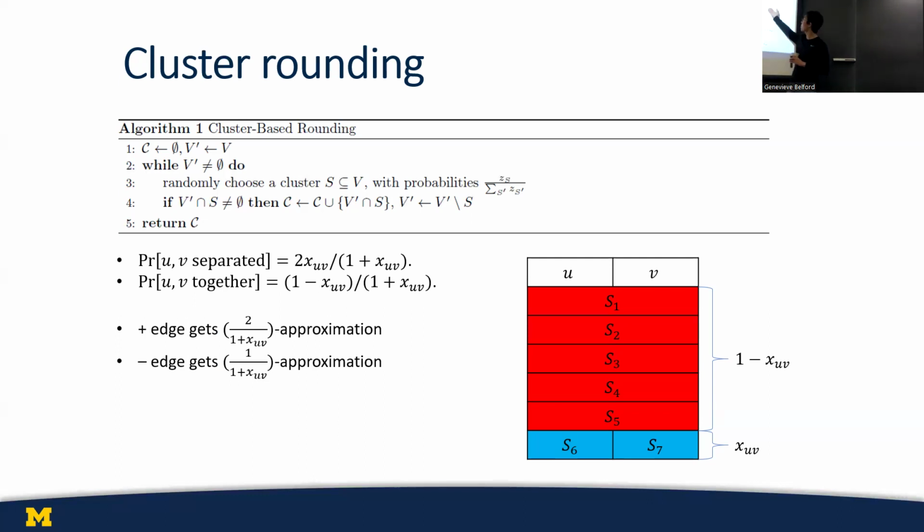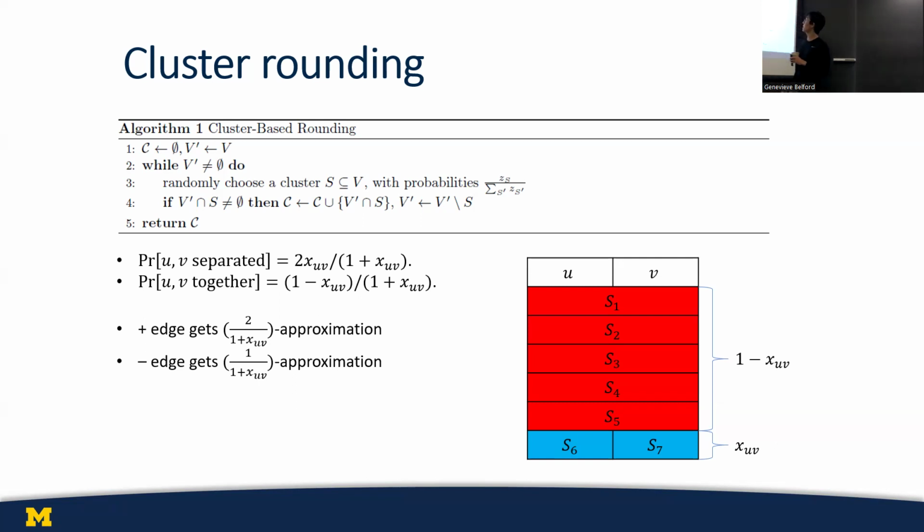All we are doing is sampling sets according to the probability of Z values, so our whole game is, given these 7 sets, which is going to be sampled first? The first sampled set is decided according to the probability here. The probability that U and V are separated is exactly the probability that S6 or S7 is sampled, and these each have probability X_UV.